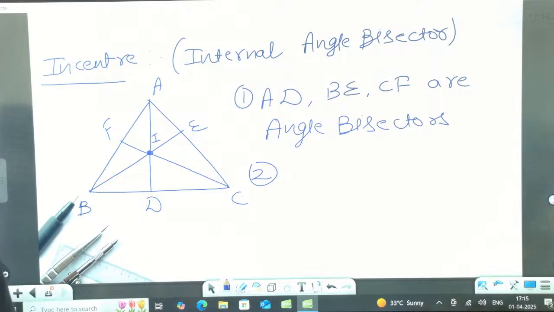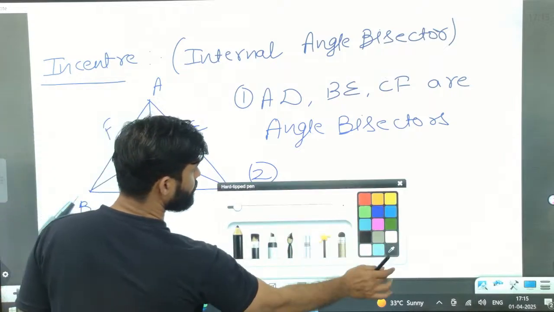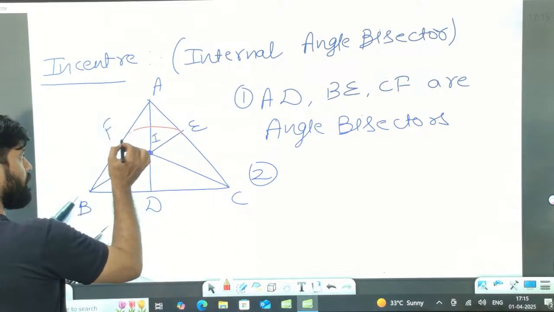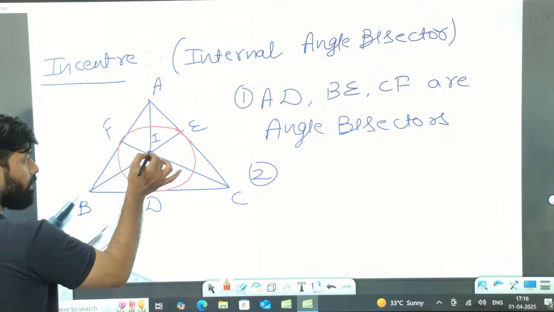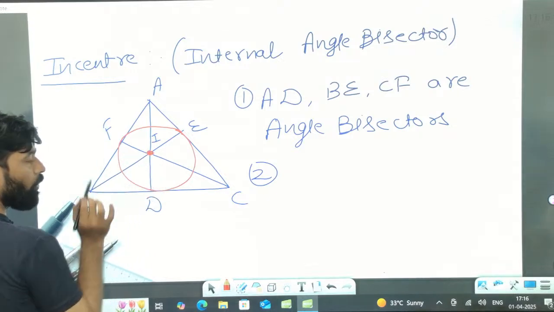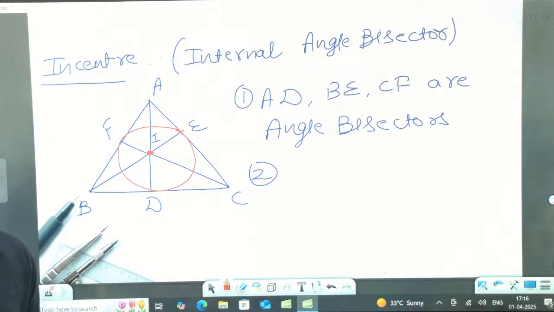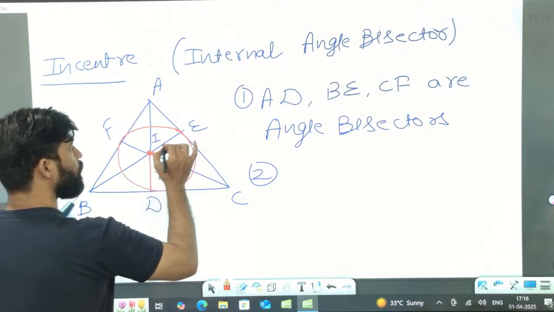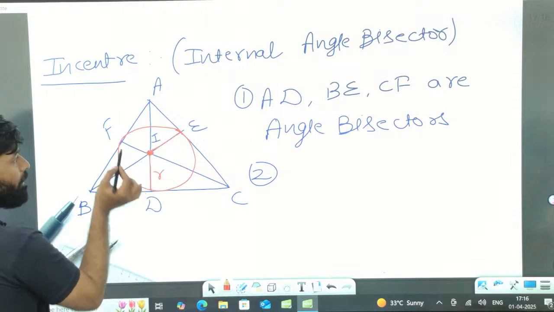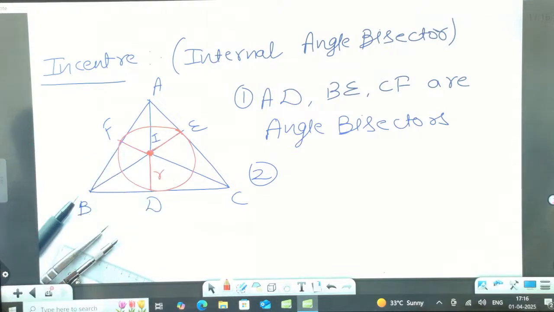Got it? So if this is incenter, and if I draw a circle there, this is incircle. Look at the board, and this is the center, and you know it very well. The property is very simple, that from the center to the circumference, if we take a straight line, it will be the radius. So this ID, IE, and IF are also radii.